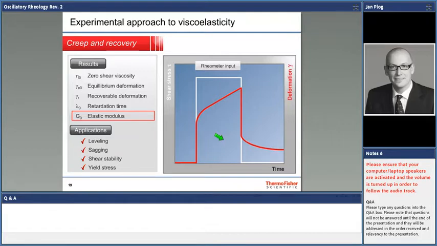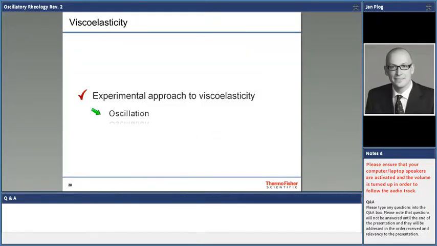Gravity-driven flow fields, okay, no matter if it's like a slump test that you want to do with construction materials, or if you want to model how a coating will actually level or sag on a specific substrate, this would be the test to go. We do not get any speed-specific information from this. Okay, for this we need oscillation, which is the state-of-the-art approach to viscoelasticity.